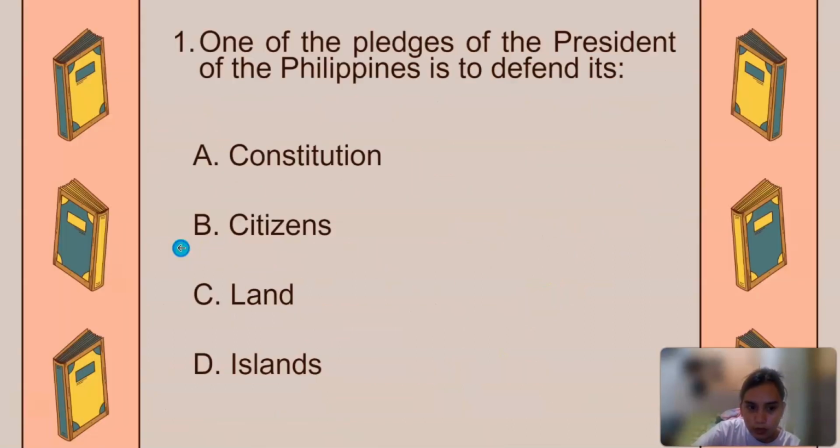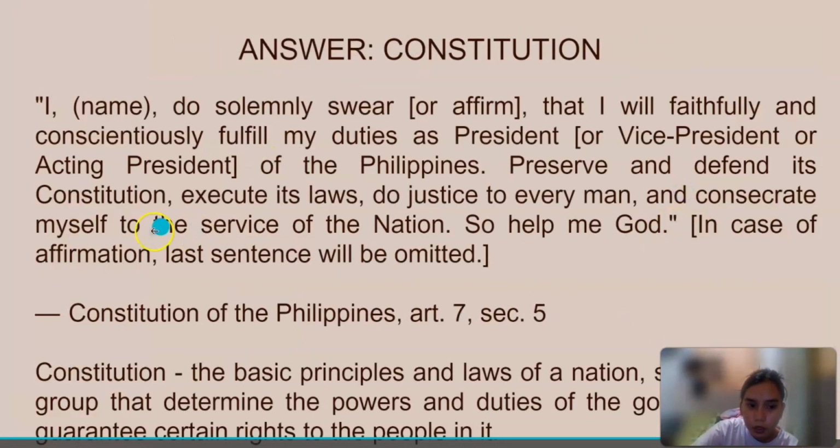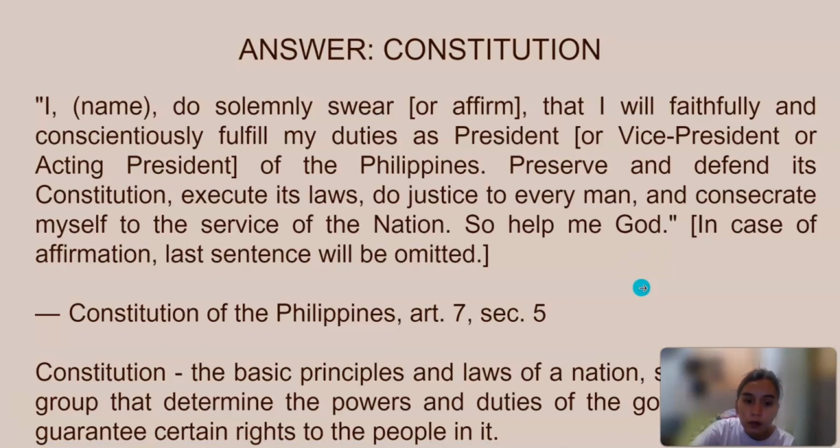So since the question is about the pledges of the President of the Philippines, to defend its constitution is the answer, guys. So letter A. So now you know that the pledge of the president is to defend the law, the constitution, and provide justice to every fellow Filipino, man or woman.